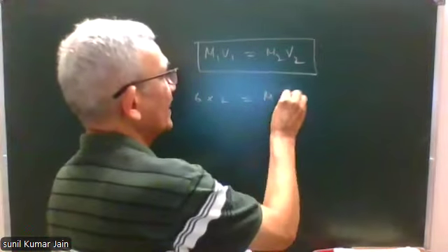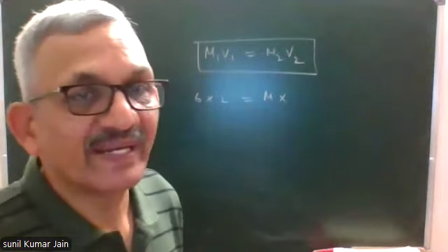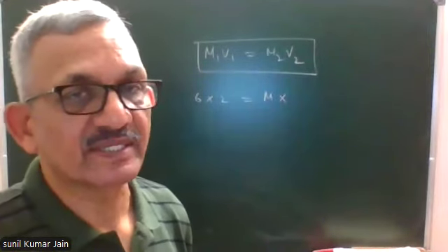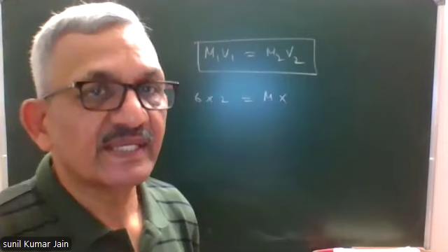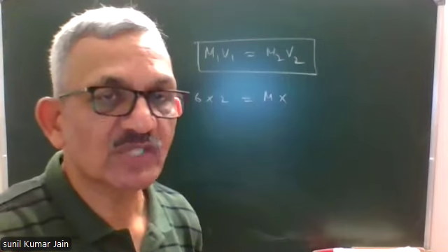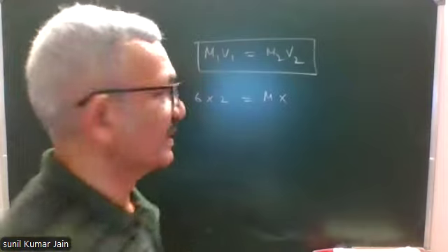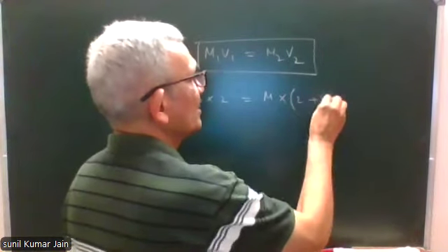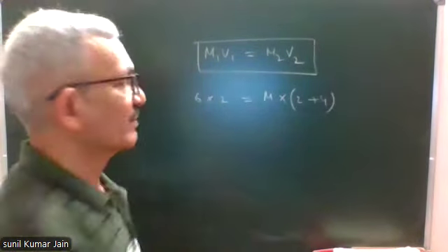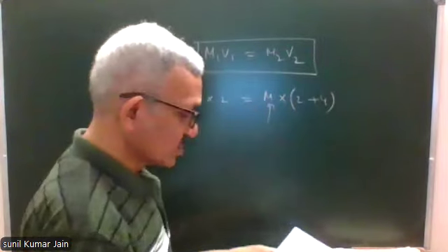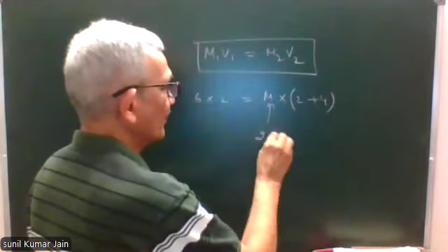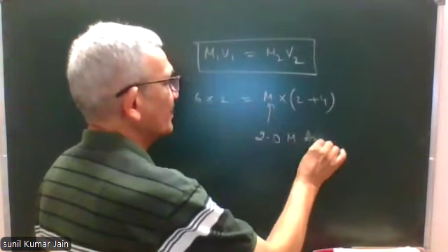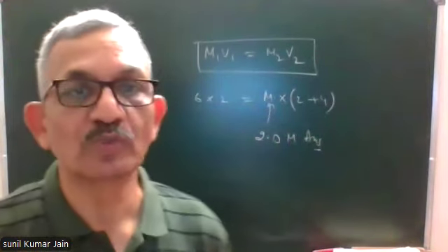See, final molarity we have to calculate. Final volume is not 4 liters. Final volume is initial volume 2 liters plus 4 more liter of water has been added. So final volume is 6 liters, right? Now when you calculate, this will come out to 2. So answer is 2 molar.